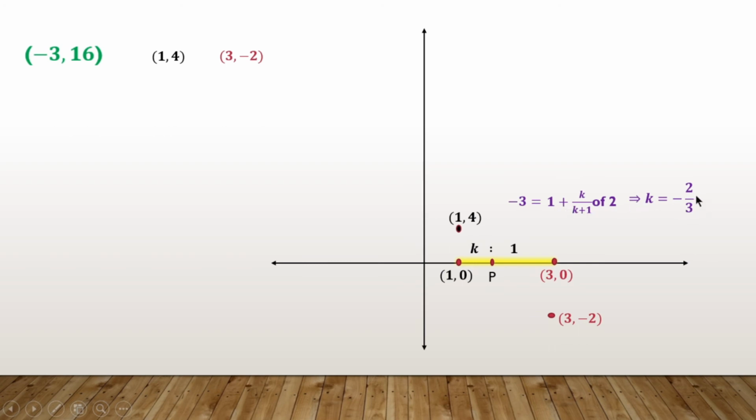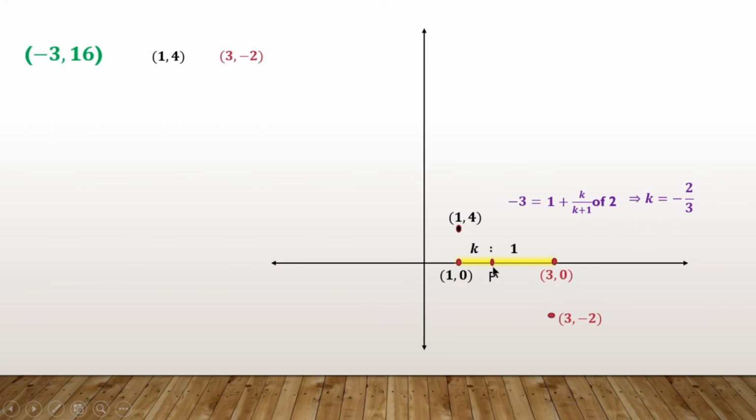So k takes the value minus 2 over 3, thereby telling us that to reach this point, we have to go in the opposite direction. From 1, we have to take some steps back. So what is the significance of a negative ratio?